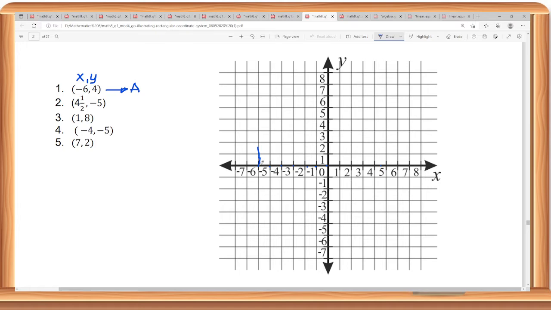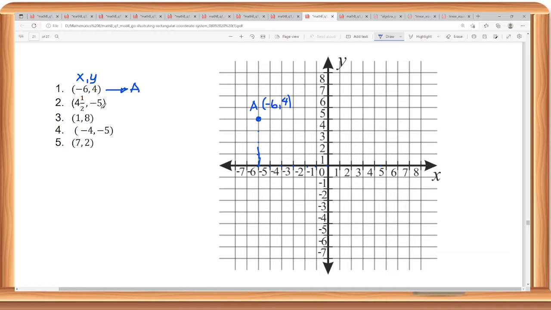And then since the y coordinate is positive, it is above the x-axis. So let's count 4 units from here: 1, 2, 3, 4. So this is point A, wherein the x coordinate is negative 6 and the y coordinate is positive 4.